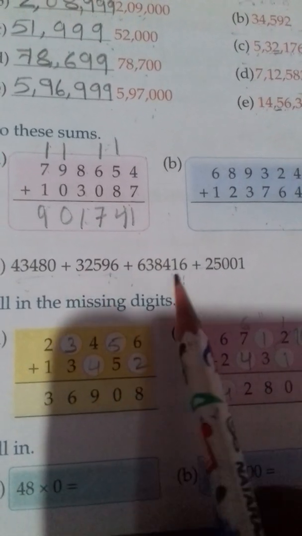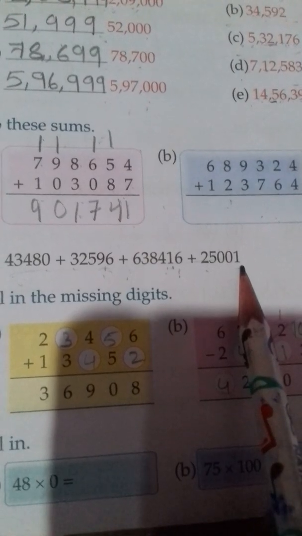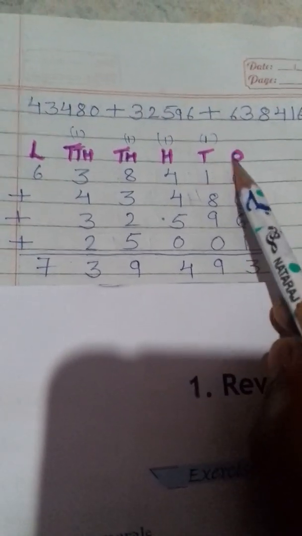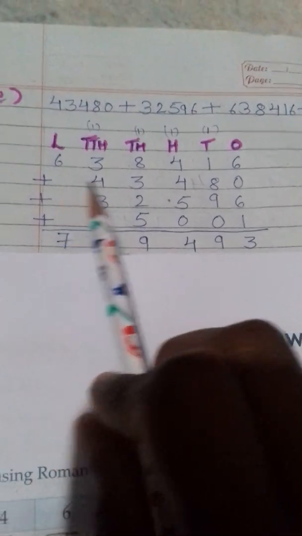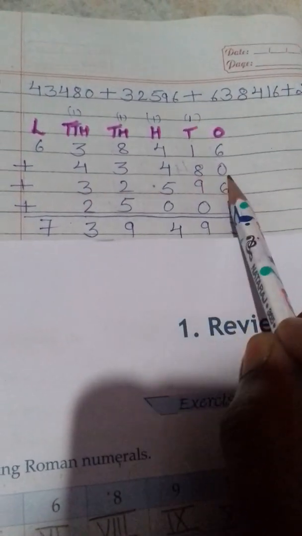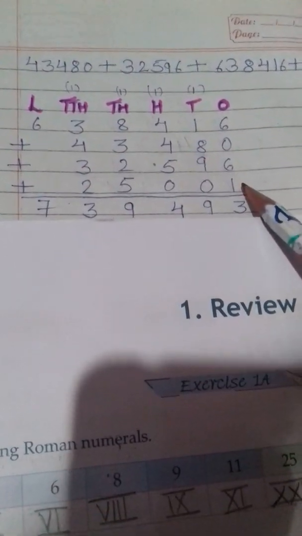This is a 5-digit number, this is also a 5-digit number, this is a 6-digit number, and this is also a 5-digit number. So you have to arrange these numbers first, according to their places: ones, tens, 100, 1000, 10,000, lakh. You will arrange the 6-digit number, then the other 3 of 5 digits, so you will write these 3 numbers after the 6-digit number.